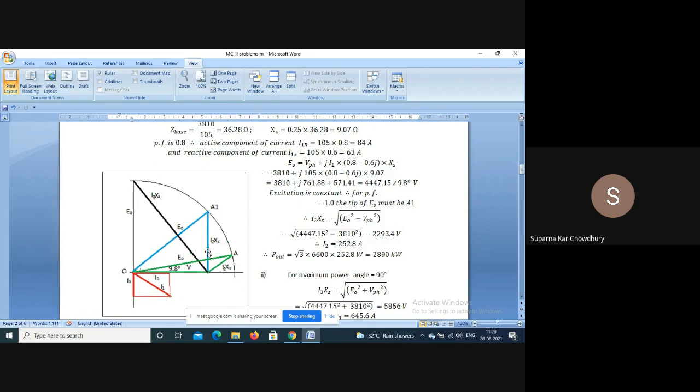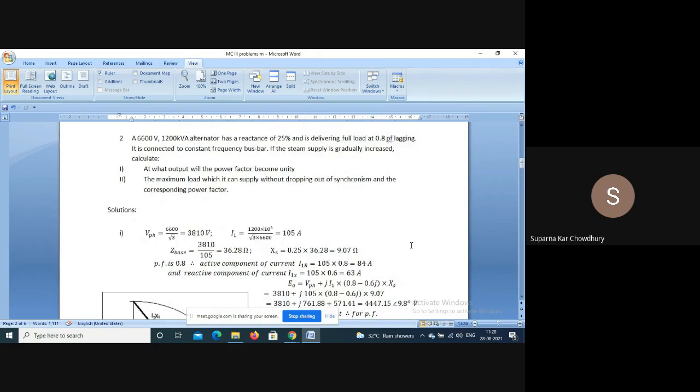This is E0. So from here we can get the value of the current: I2 XS squared is E0 squared minus V phase squared. Knowing XS, we calculate the value of I2. It is 252.8 ampere. So the corresponding power will be root 3 into 6600 into the current 252.8, so it is 2890 kilowatt.